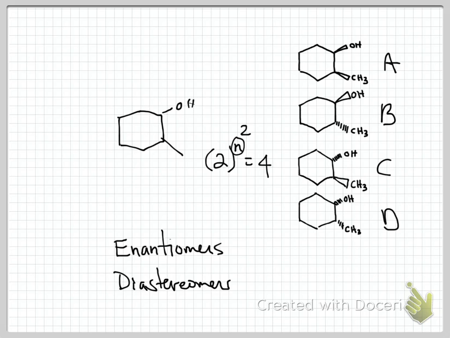So, can A and B be enantiomers? No, because one's going forward on one side and one's going back, so there's no way they could ever be rotated where they'd both be on the same plane. So A and B are diastereomers.